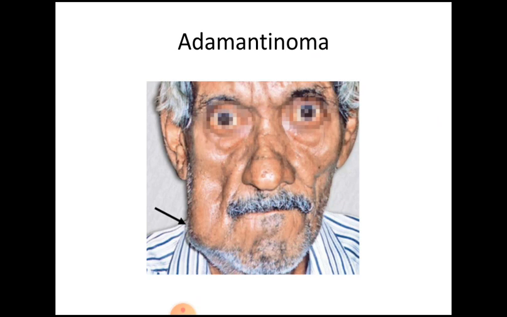So adamantinoma is a locally malignant tumor, basal cell carcinoma of the paradental epithelial debris. Paradental epithelium is the epithelium which is related to the tooth, beside the tooth, paradental epithelial debris of Malassez. It's commonly in the lower jaw near the angle, like the dentigerous cyst.